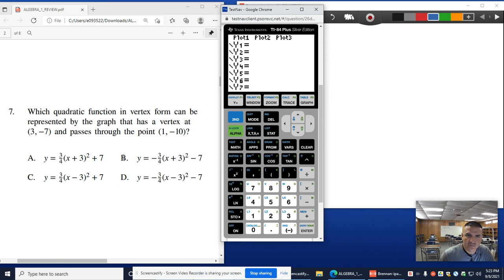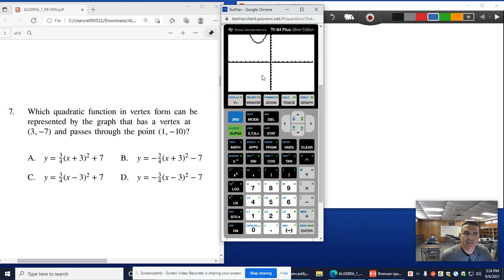Okay, so this is really tedious to write, but I'll show you with 3 divided by 4, x plus 3 squared plus 7. All right, and you graph it.